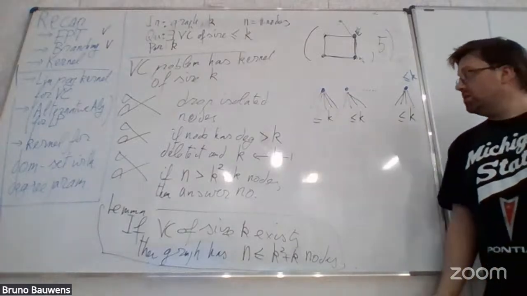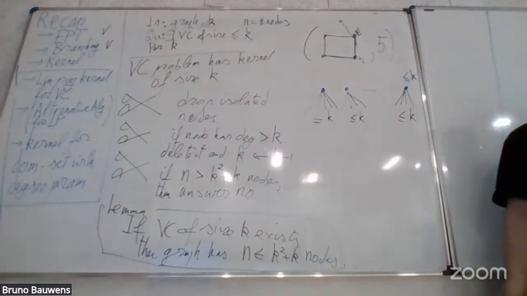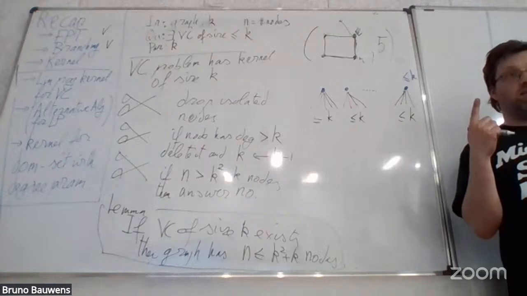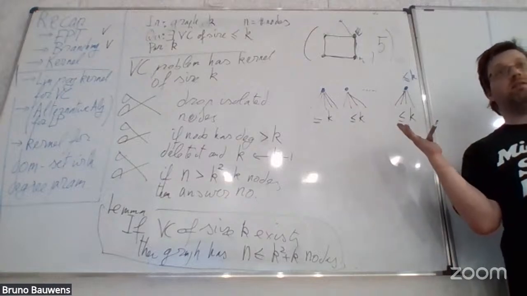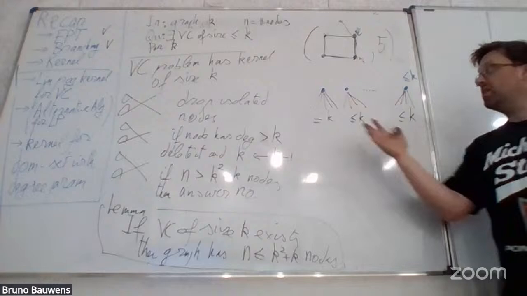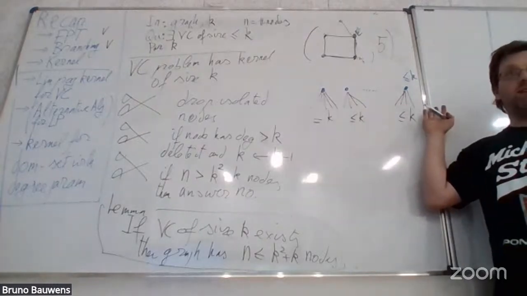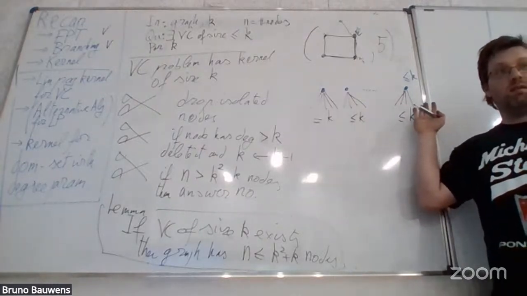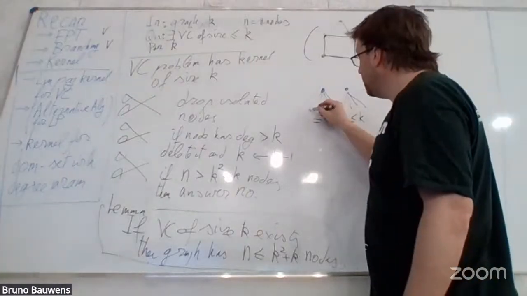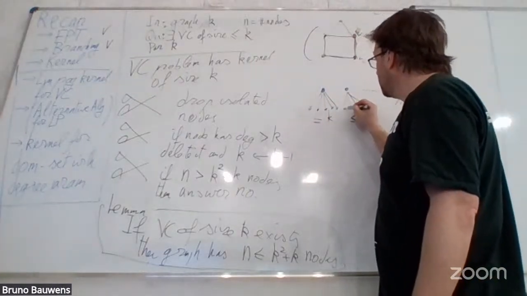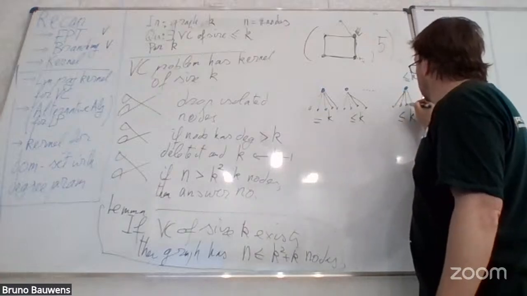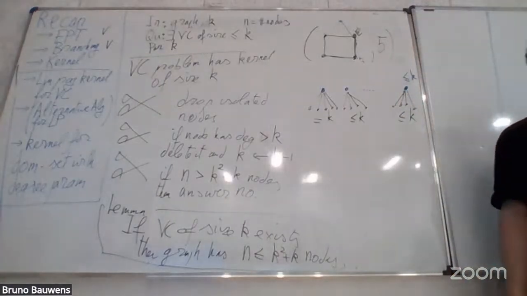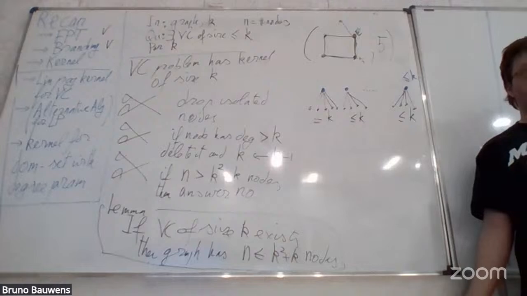Okay, so how many nodes? We know that all nodes have degree at least 1. Where can the other nodes be? They must lie on one of these k squared edges. So they must be on these other endpoints. So what's the maximal number of nodes we can have?